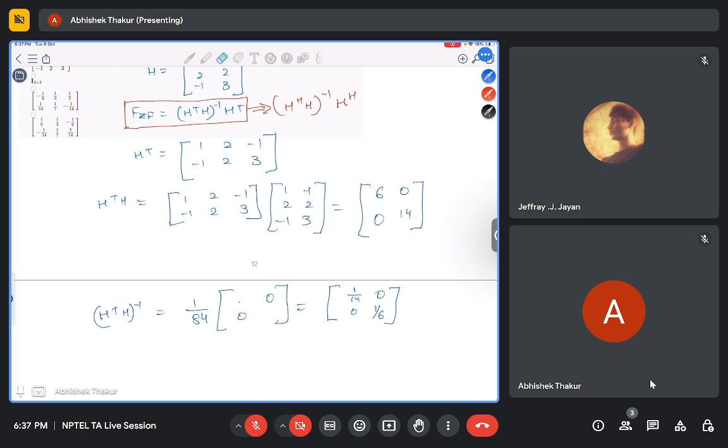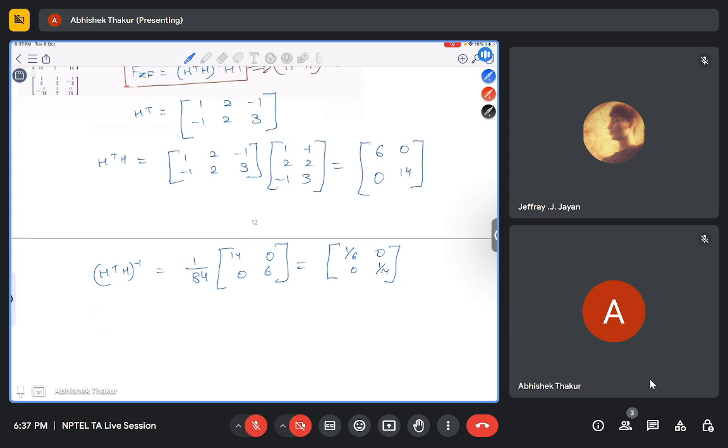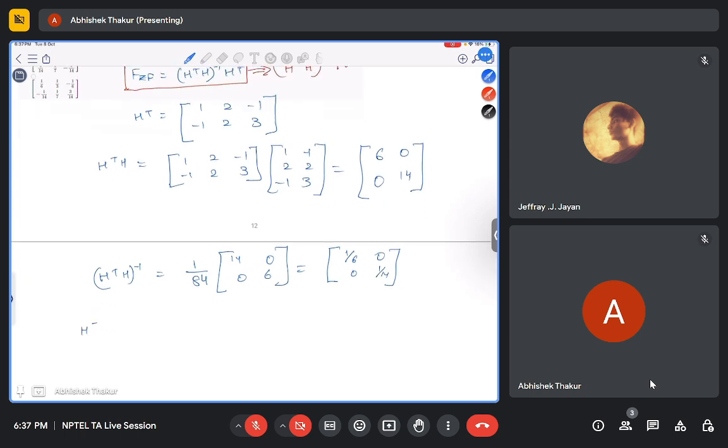Sorry, here this element got exchanged in the inverse, so it will become 1 by 6 and 1 by 14.